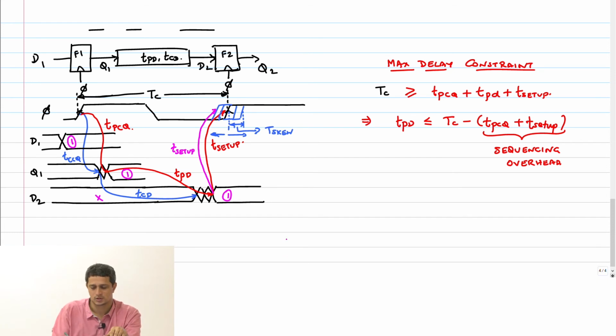And of course, the delay from here to here is T skew. So how do I modify this expression now?